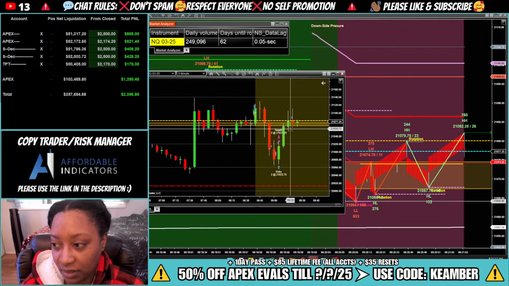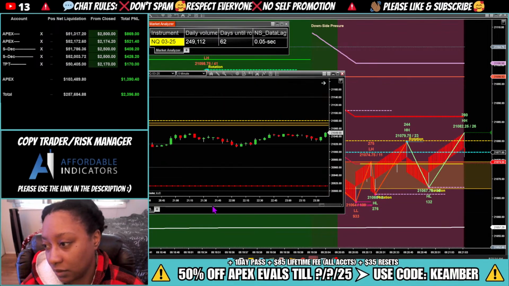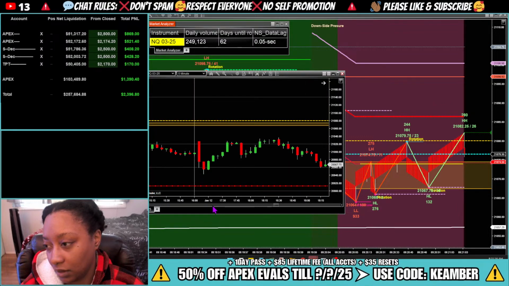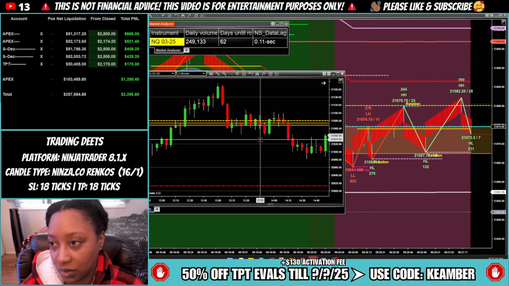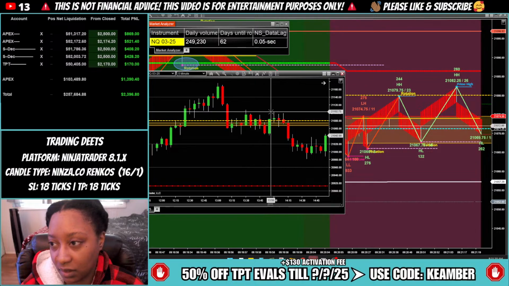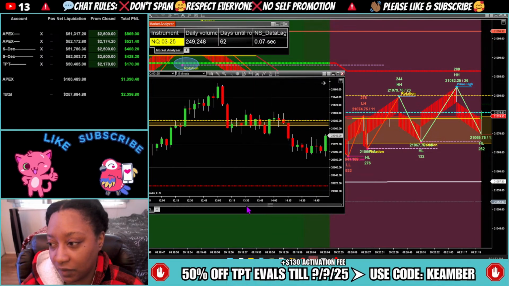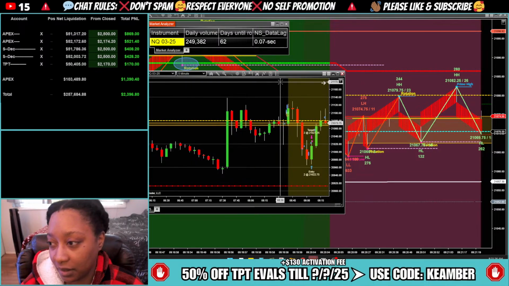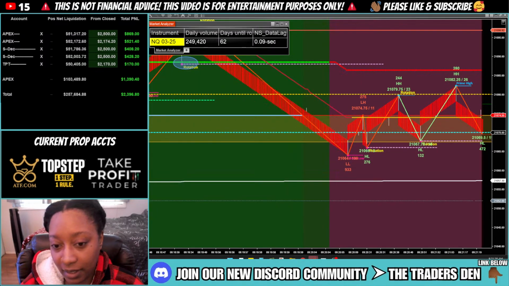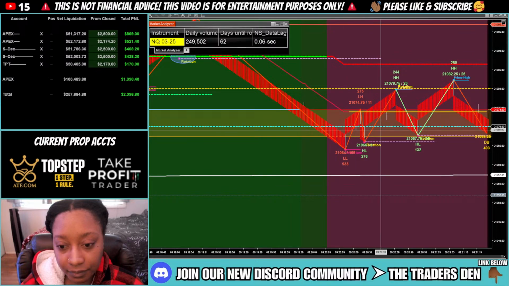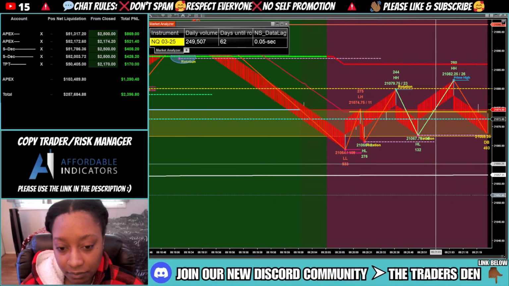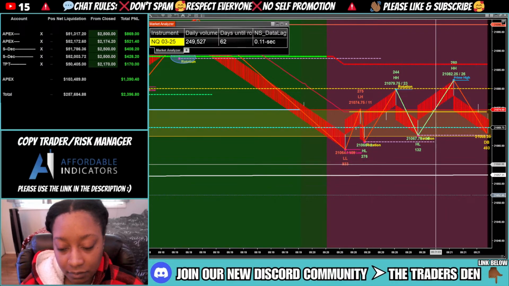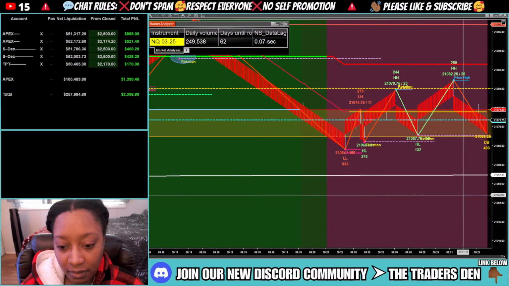We are kind of rejecting right here. This was a prominent level, the 10th around 1:45 in the afternoon. It had a little congestion in the same exact area, so let's just see what happens. VWAP is right underneath us.